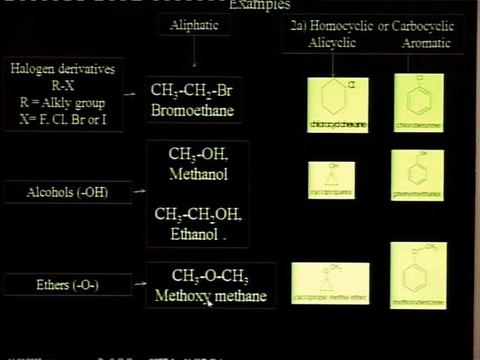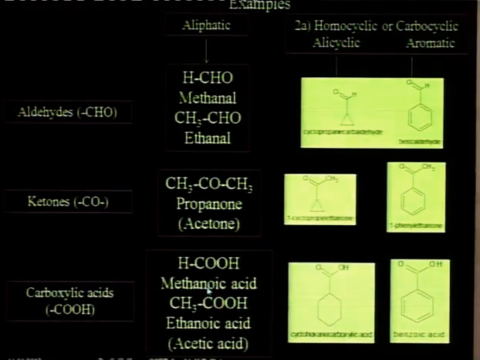I am giving you just a brief idea and you are supposed to know 1 or 2 examples from each. There is not much required from the point of view of examination. Aldehydes, the functional group is CHO. So, methanal, ethanal, CH3CHO, and cyclopropane carbaldehyde, benzaldehyde are the examples of alicyclic and aromatic aldehydes.